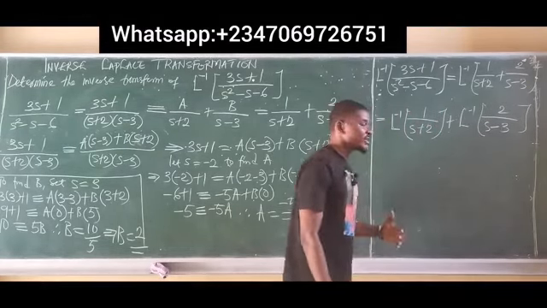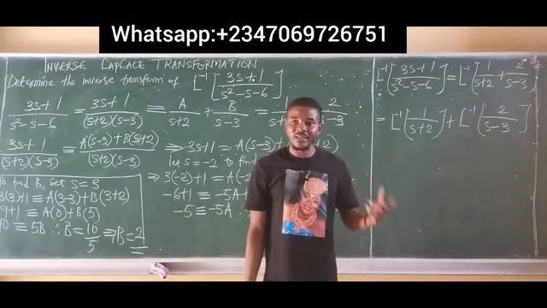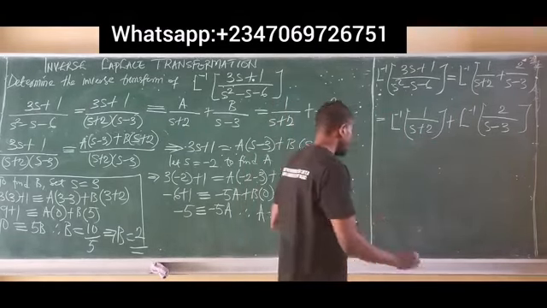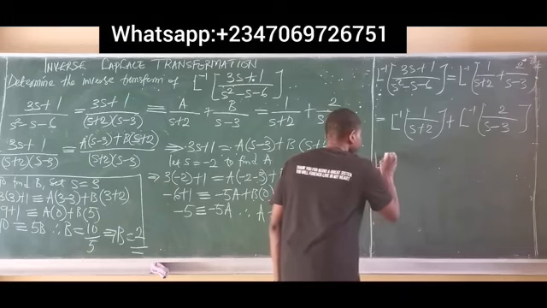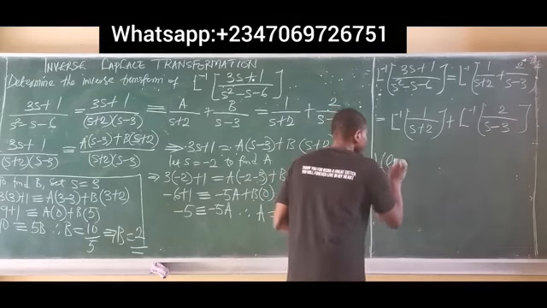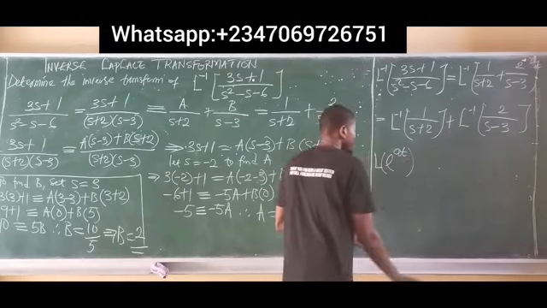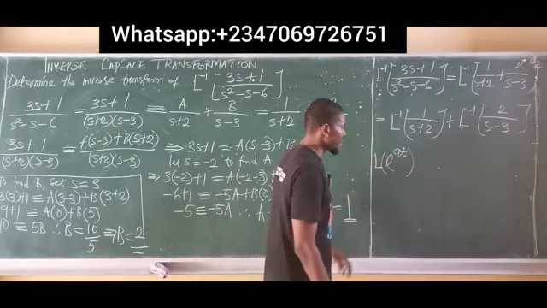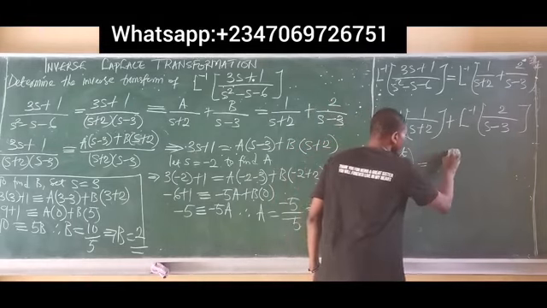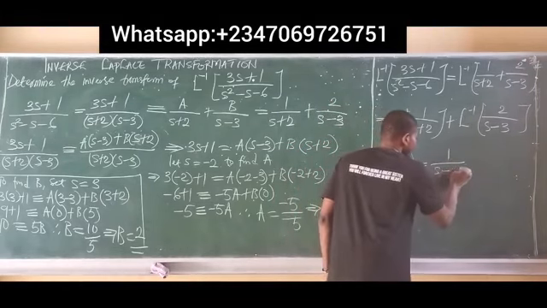Now, you know, in the table of standard values, which we've talked about earlier, we said that the Laplace transformation of an exponential function, exponential at, is simply equal to 1 all over s minus a.